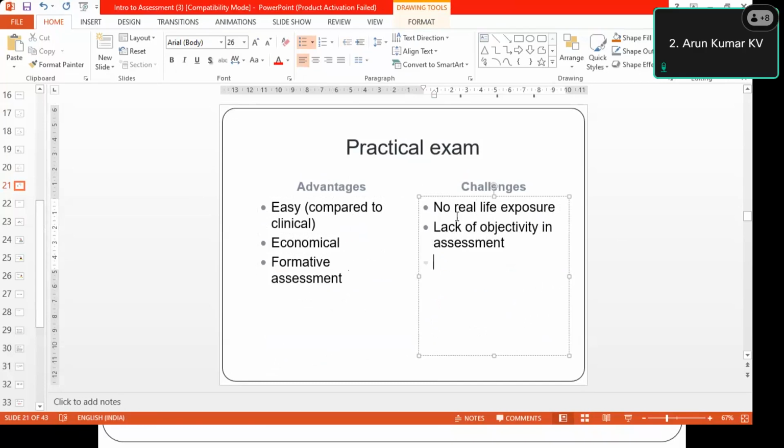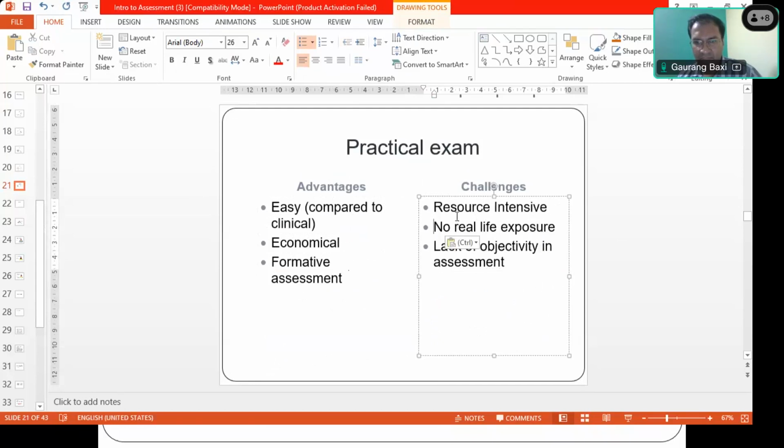A lot of resources required. Agreed. In fact, this is the primary challenge, the biggest challenge. A lot of resources and planning are required for conducting any kind of practical exam.